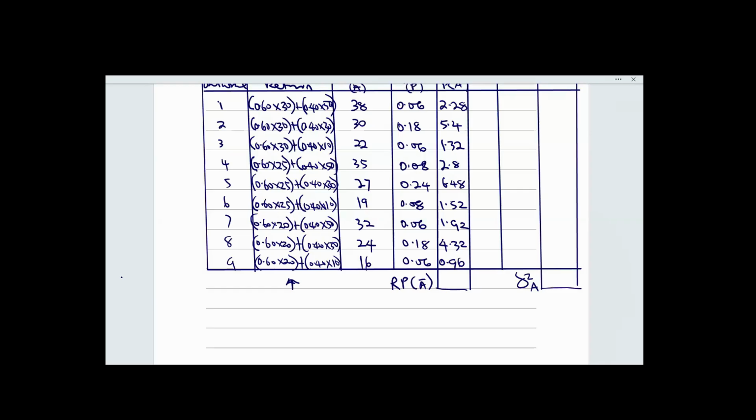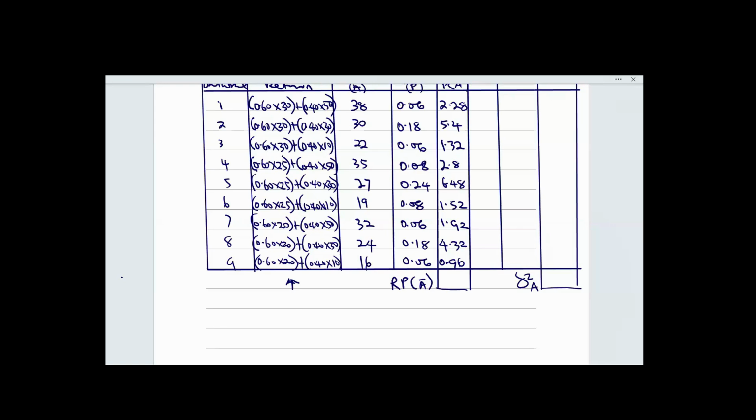Okay, so let's add up everything. 2.28 plus 5.4 plus 1.32 plus 2.8 plus 6.48 plus 1.52 plus 1.92 plus 4.32 and plus 0.96.